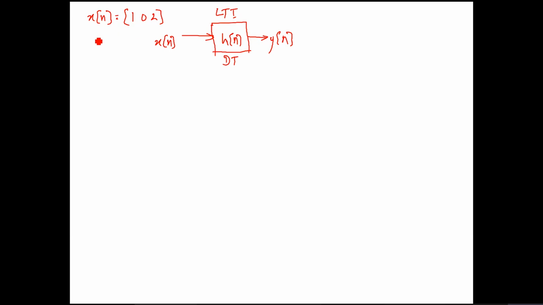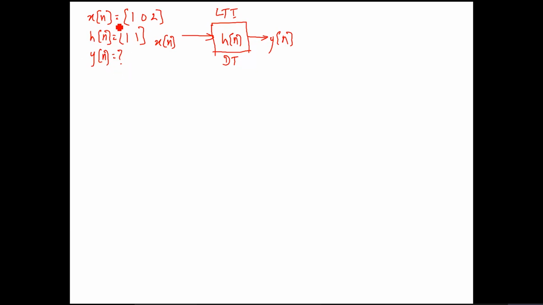This is x of n given, and let's say our h of n is also given to us as, let's take a simple example, 1, 1. If input is 1, 0, 2 and we know that our system impulse response is 1, 1, then can we find out the output y of n using this convolution theory?